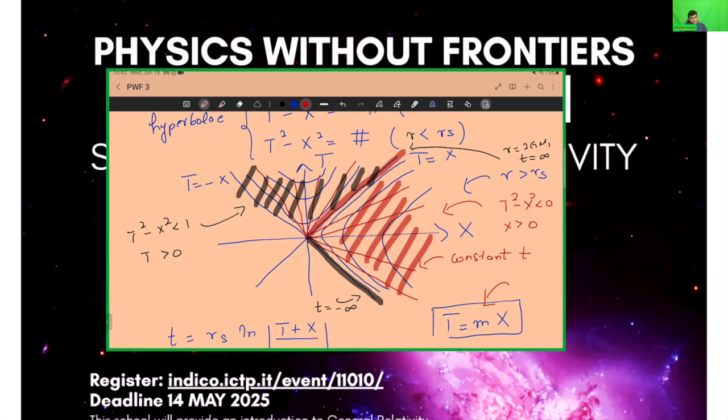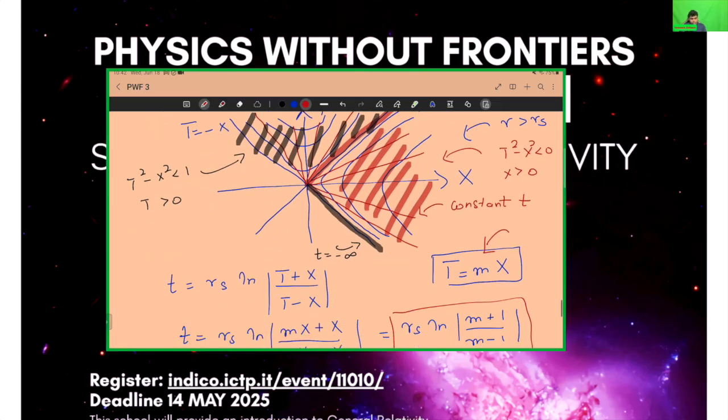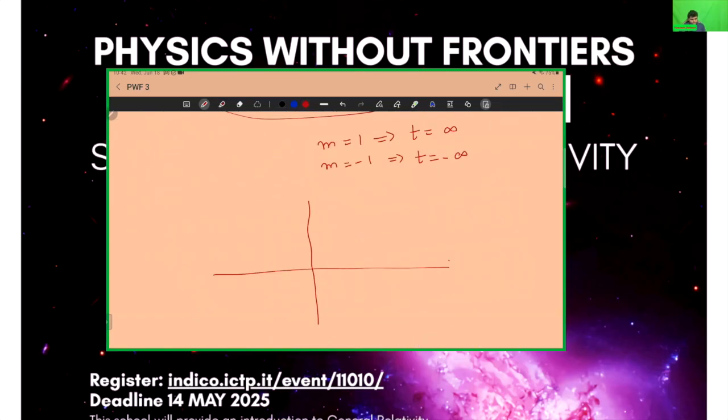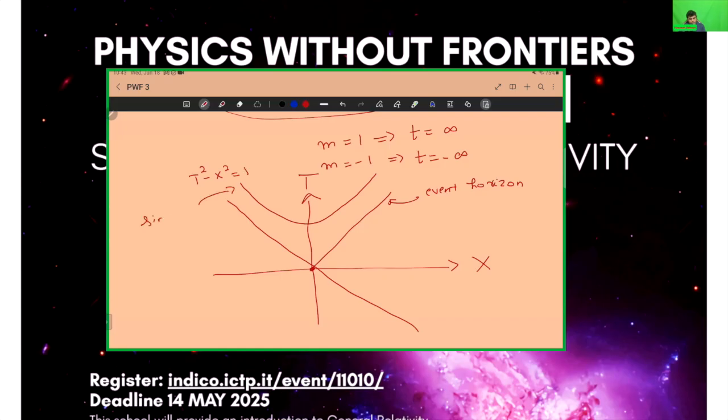Okay. Now this diagram is a bit cluttered, so let's make a new diagram because then you may need to make some more points. So the allowed region is this, where this is the event horizon, and there is this curve t square minus x square equal to 1, which is the singularity at the middle.